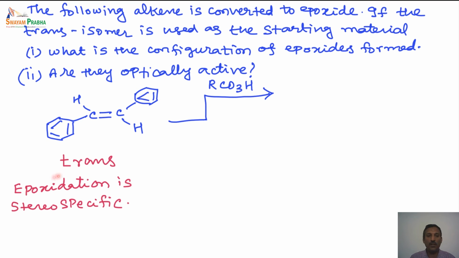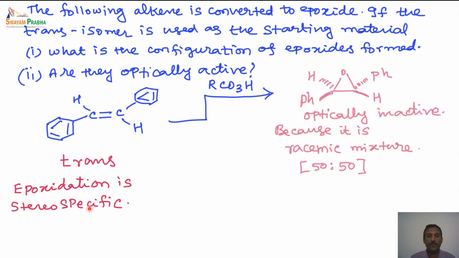As I mentioned, the starting material is a trans isomer, and we already know epoxidation is stereospecific. It is a cis addition. So in this particular case, this is a cis addition, which means it is a stereospecific addition. So what we end up with is this particular product. The configuration of this phenyl carbon and this phenyl group are trans to each other.